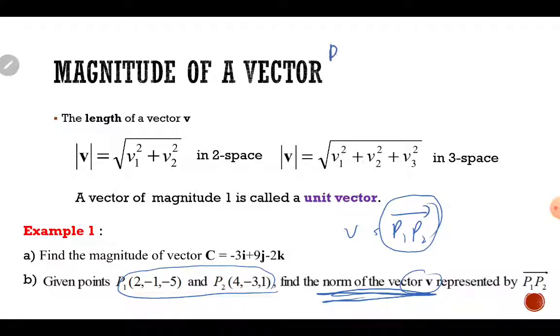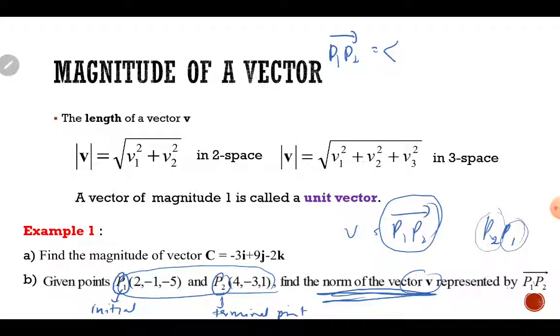We have 2 points here, P1 and P2. P2 is our terminal point and P1 is our initial point. Why? Because it says P1, P2, not P2, P1. If it were P2, P1, then P2 would be the initial point and P1 the terminal point. Now P1 is our initial and P2 is terminal. To get the vector, terminal minus initial.